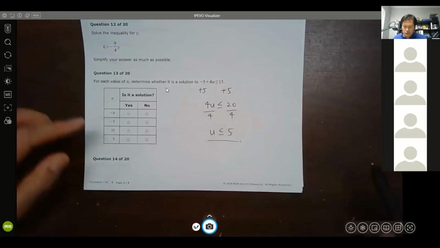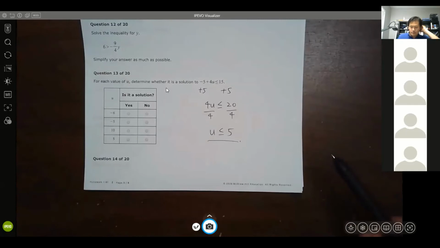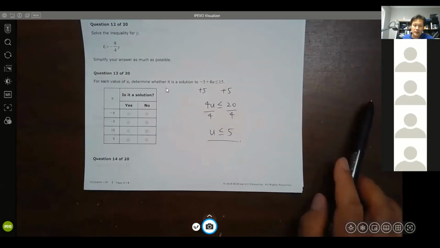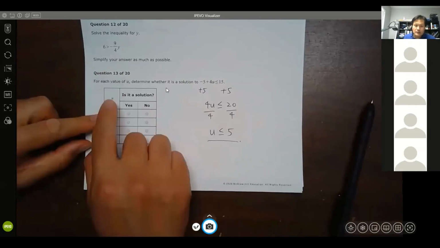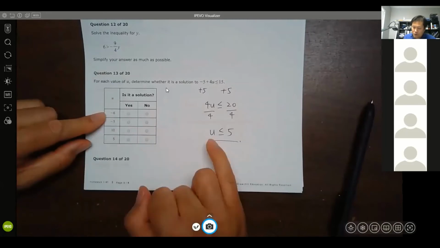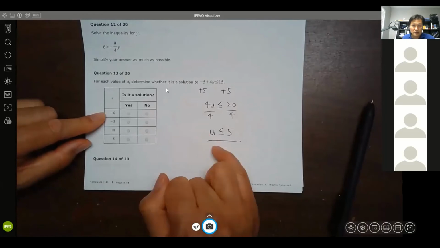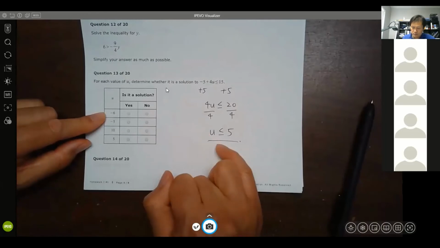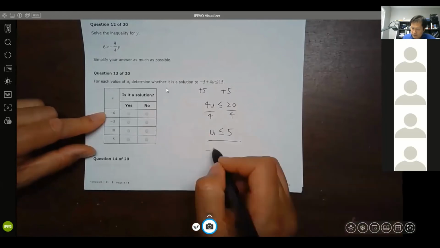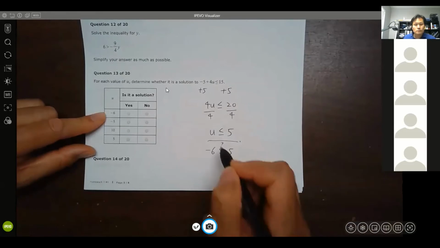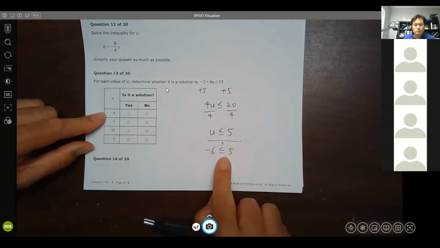For each value of u, determine whether it is a solution to this. So they are basically asking, if u is minus 6, when you plug in the u value as minus 6 here, is the inequality satisfied? Minus 6 less than or equal to 5. Is that true? Yes.